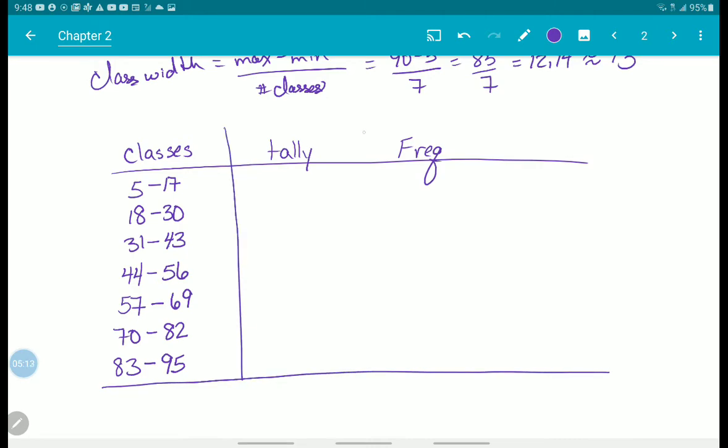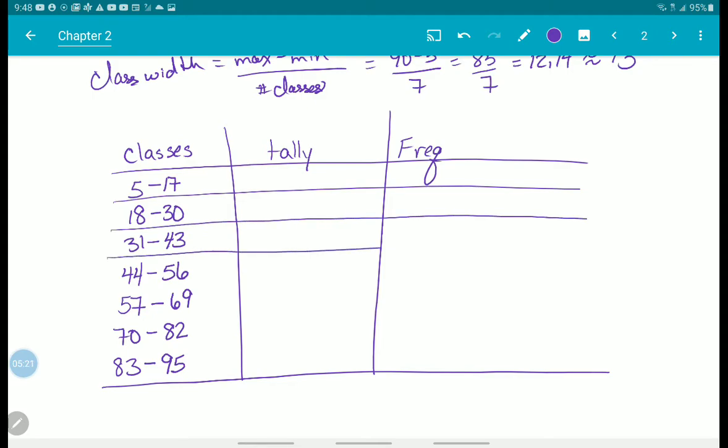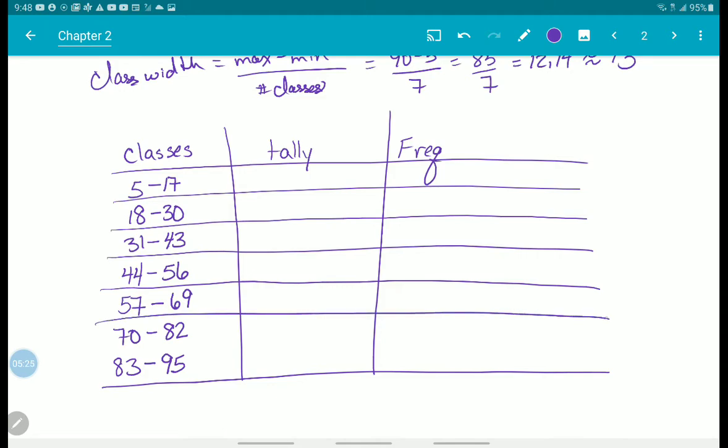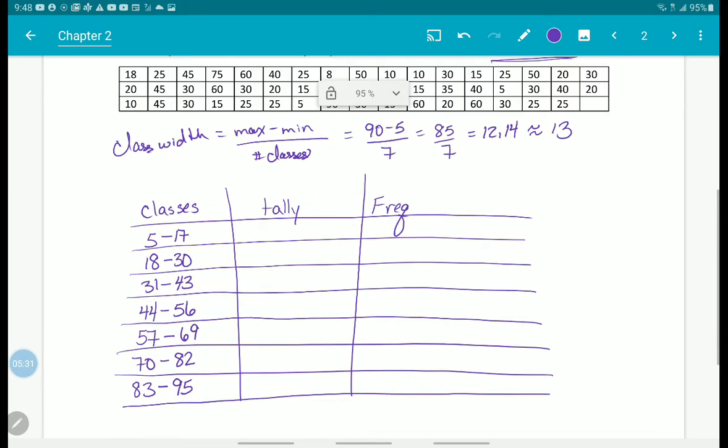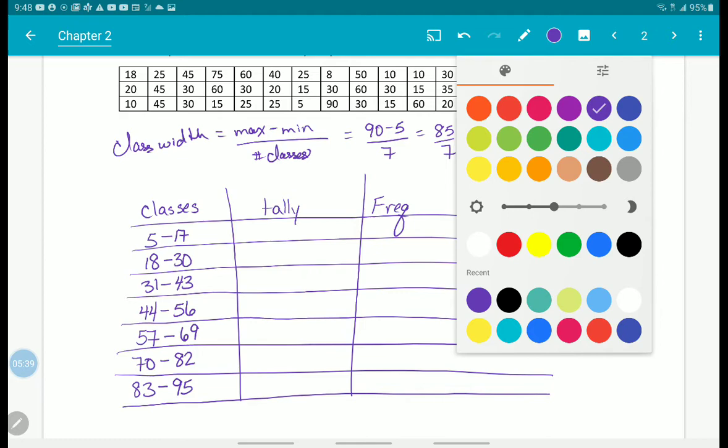So I'm just going to draw my table in here. So there's my distribution setup. Now we are going to utilize that tally column, and here's the way I like to do this.